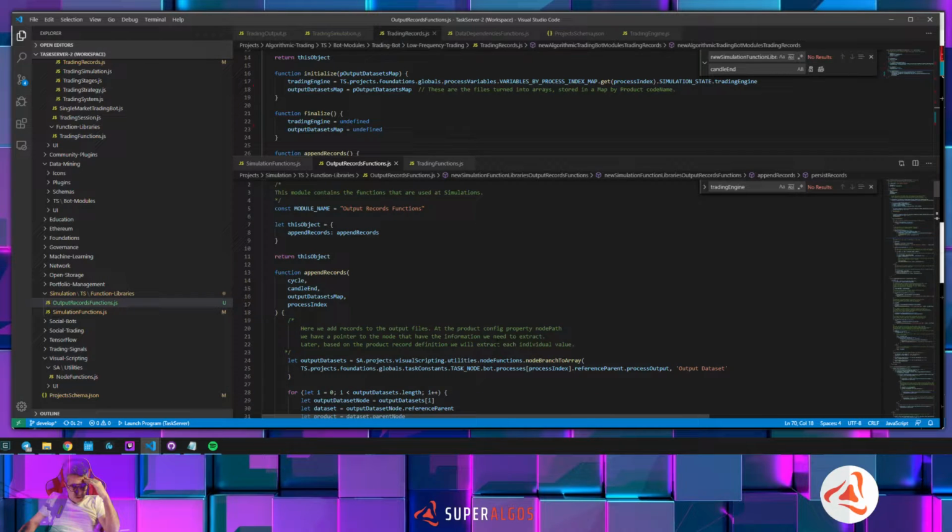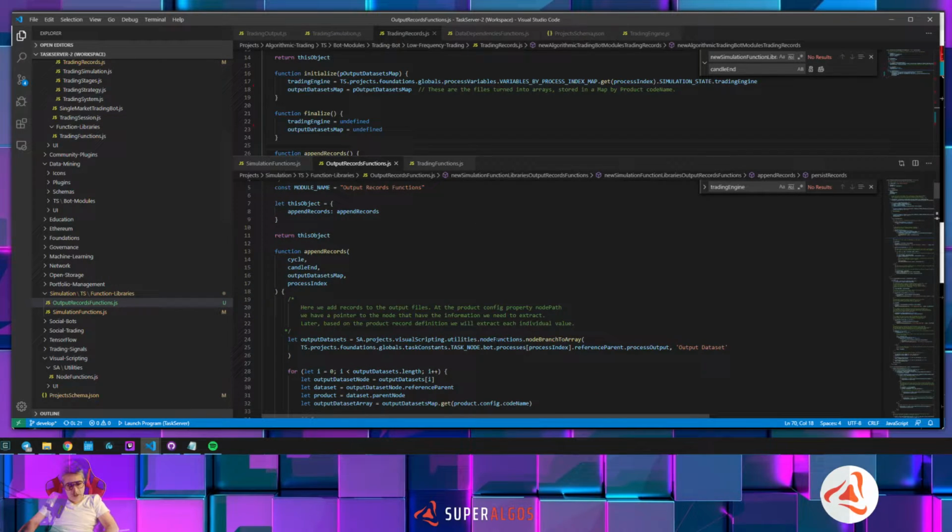So I will have to inject into here the different engines, probably.